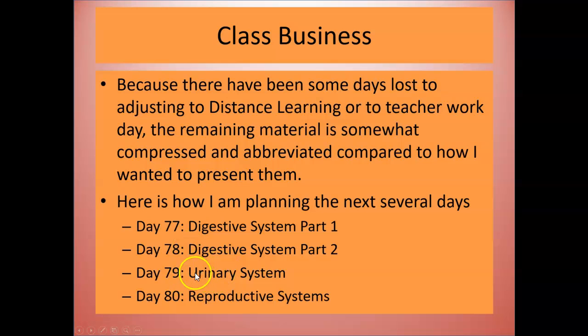We'll do the urinary system on day 79, reproductive system on day 80, and that'll put us pretty close to the border where we're going to begin to review for the test. We may have one extra day in there, and I'm not sure yet whether I'm going to have a Unit 7 test or whether I'll just wrap that into part of the final, but we'll figure that out as we get closer.